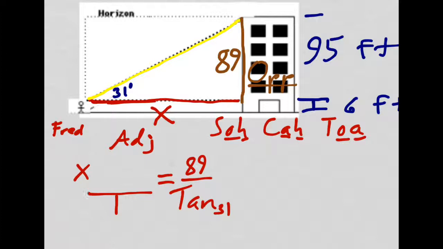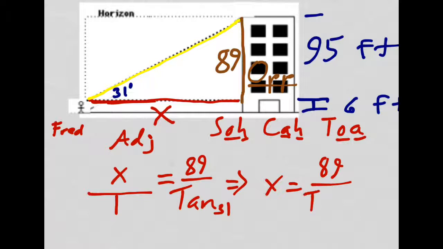So basically that's cross multiplying, just moving those guys around. So you end up with X equals 89 over the tangent of 31, right?